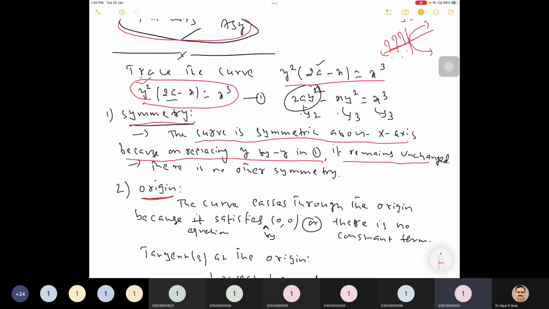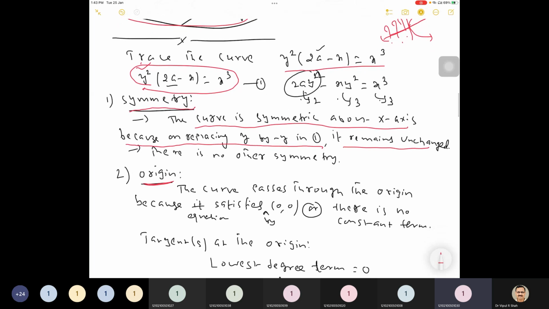Whether the curve passes through the origin or no. Does the curve satisfy the point 0, 0, or is there any constant term in the equation? That you need to check. No constant term. So the curve passes through the origin because equation is satisfied by 0, 0, or there is no constant term.